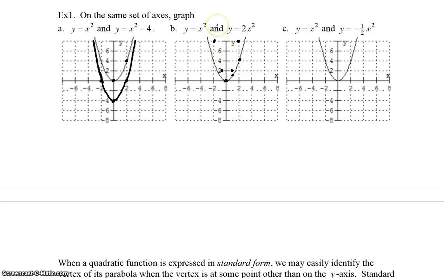And so you see some points are moving more than others. Some points aren't moving at all. For example, the point at the origin stays where it is. So what we get is a vertically stretched graph, something like this.